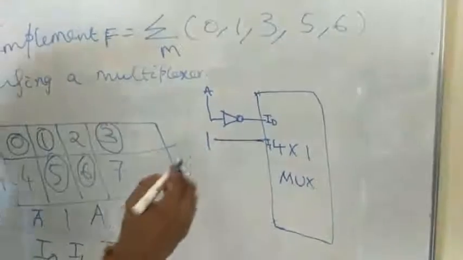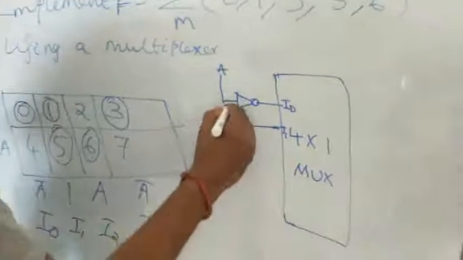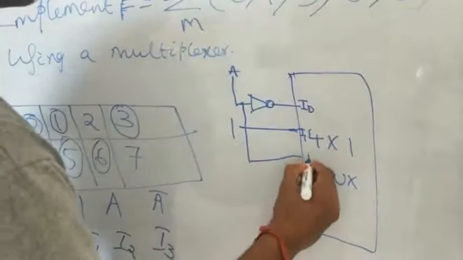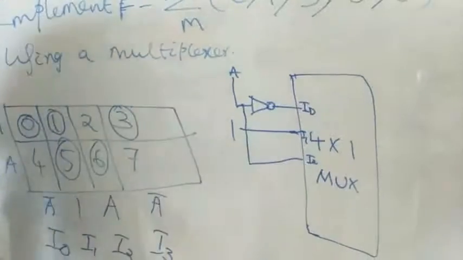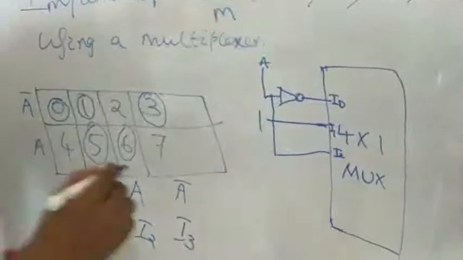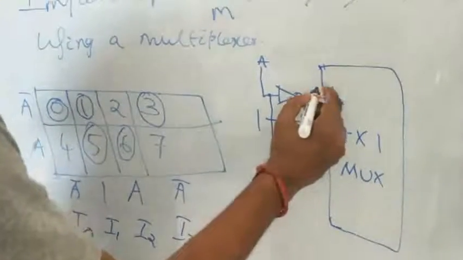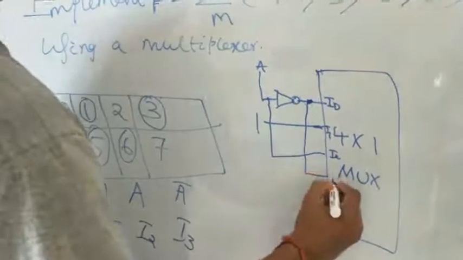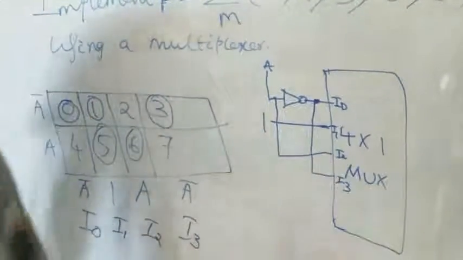Then A, we can take it from here itself. This is I2. And once again A dash, we can take it from here, and this will become our I3.